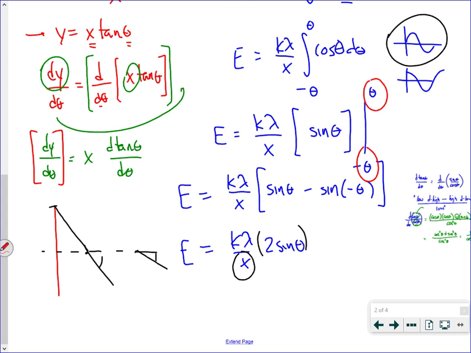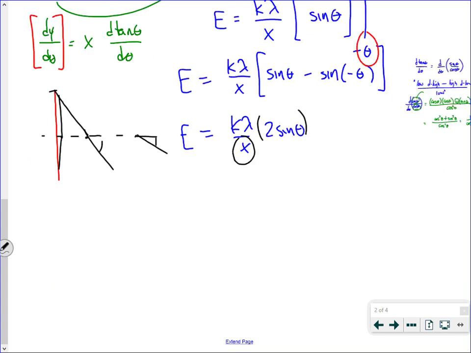So if we're way in here, the one angle looks like that to the top, the other angle looks like that to the bottom, and those are like 90 degrees. So in that case, what we get is E is K lambda over X times 2.